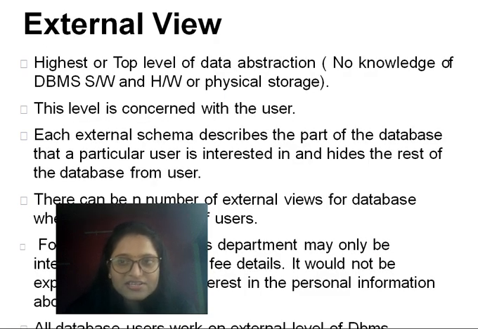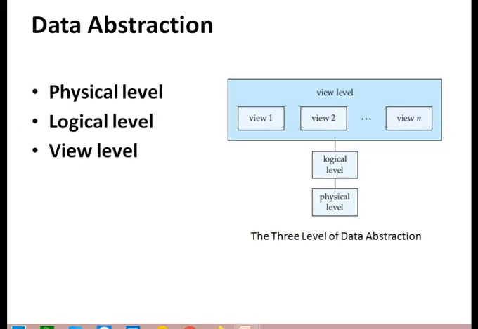Note that the physical level is the lowest level of abstraction, which describes how the data are actually stored. At the physical level, the complex low-level data structures are described in detail, but it hides them from the higher levels.